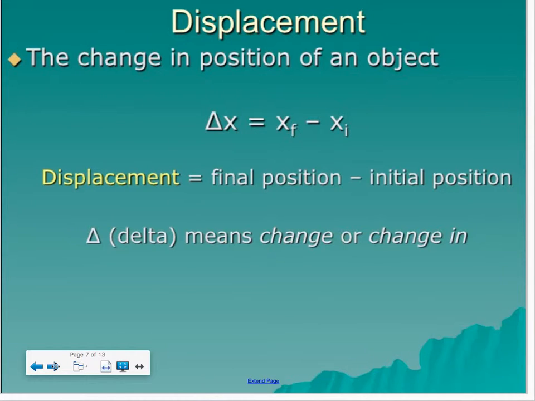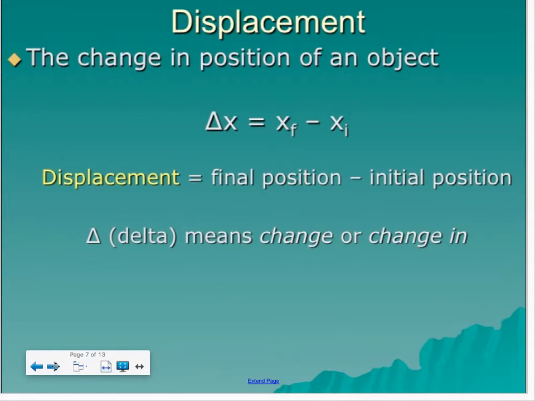As long as I'm looking at a change in the object's position, I know an object is going from one spot to another. And if I measure the straight line between them, that gives me a displacement.